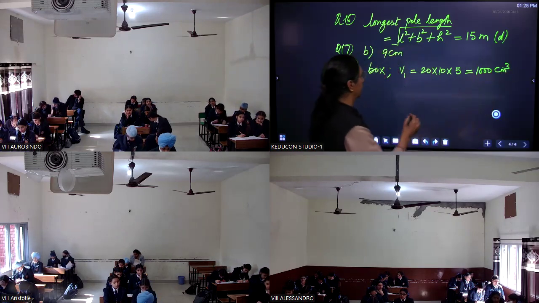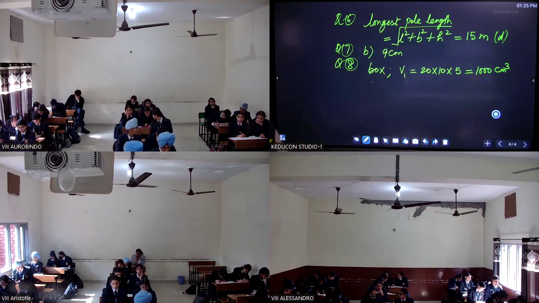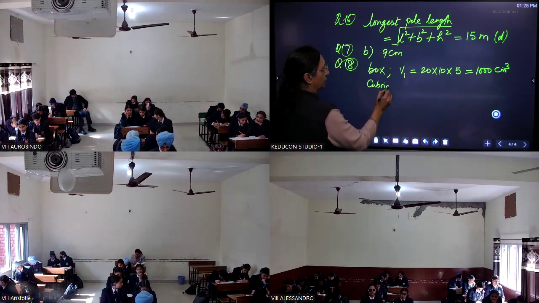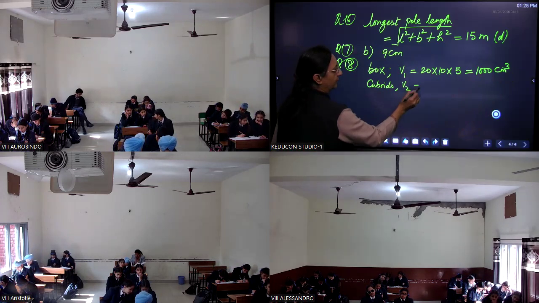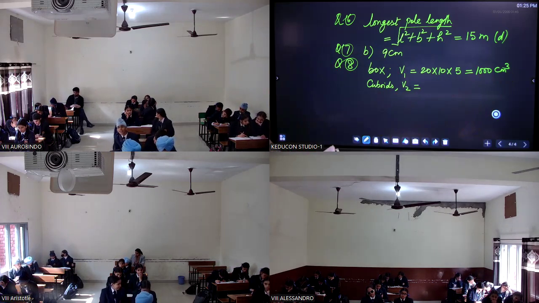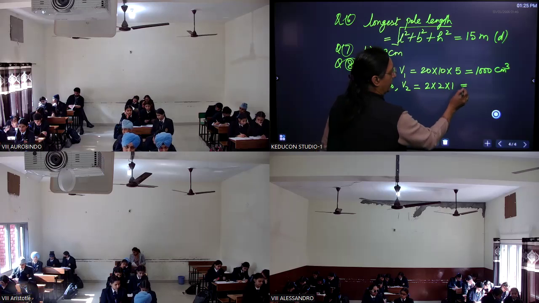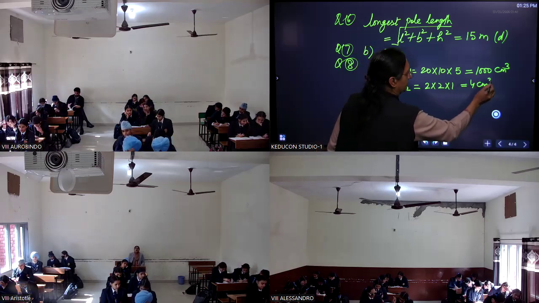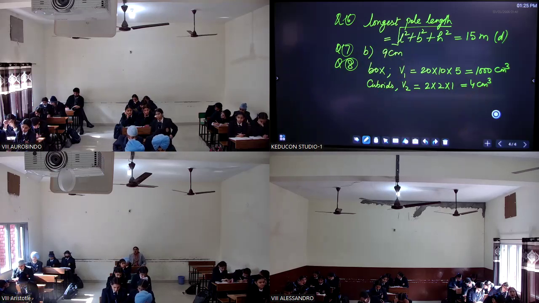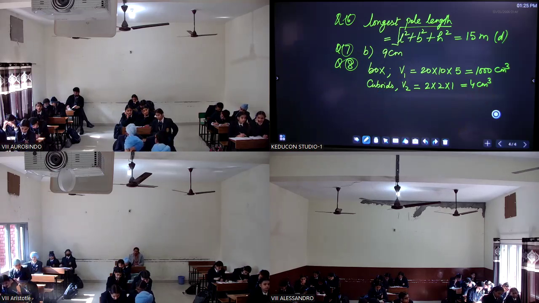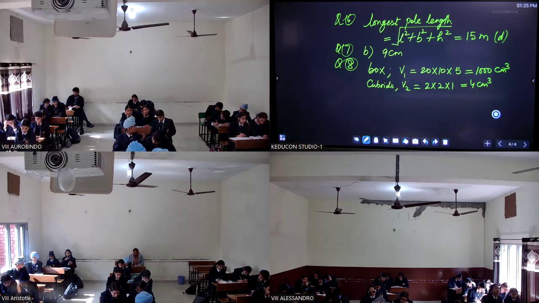And you have to find the other thing is you have cuboids. Small cuboids are there. V2 you can find out. Uski bhi dimensions are given to you. 2, 2 and 1. Okay. You have to find how many cuboids can be fit into bigger box.